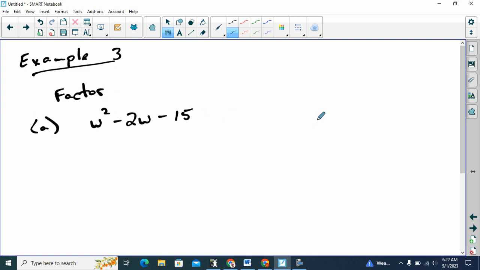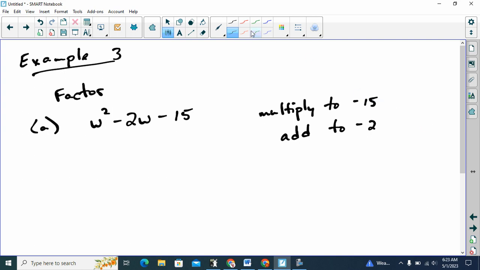W squared minus 2w minus 15. 1w squared, we can use the rule we're working with today. We need to find two numbers that multiply to negative 15 and add to negative 2. Multiply to negative 15, add up to negative 2.